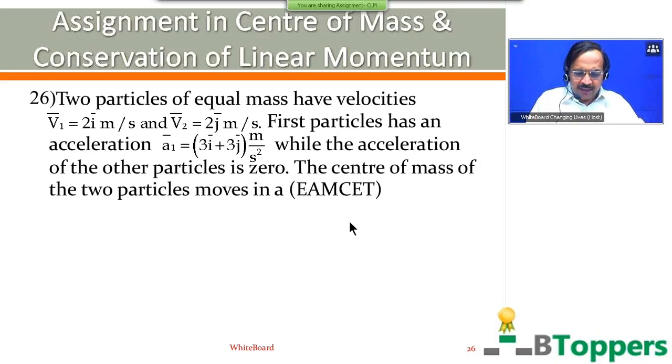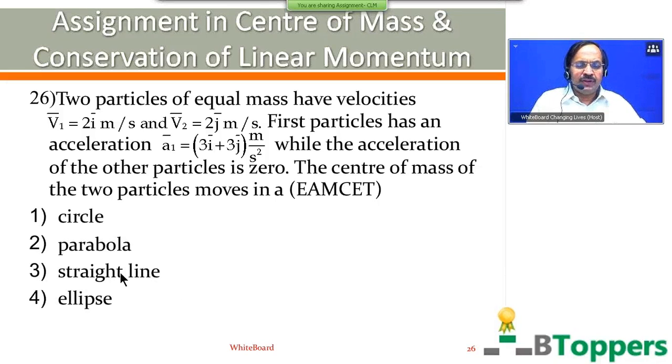The center of mass of the two particles moves in a... You are shown 4 options on the screen. First option circle, second option parabola, third option straight line, fourth option ellipse. Come on, try the question. This question was originally given in one of the previous MHT-CET exam papers, I think in 2004 MHT-CET engineering.